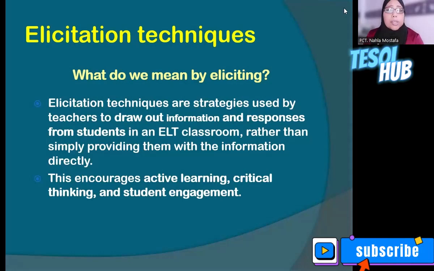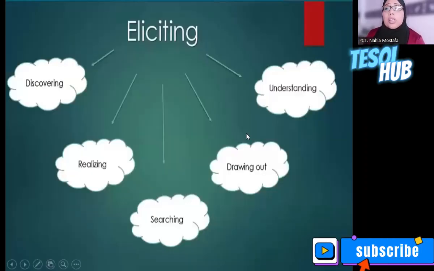And they are very important, however you're teaching, in a national or international school. So these techniques are very important to let the students draw out the information, not just get the information. While having elicitation in the classroom, we let the students discover, realize, search, draw out, and understand. So it helps you in the process of understanding.